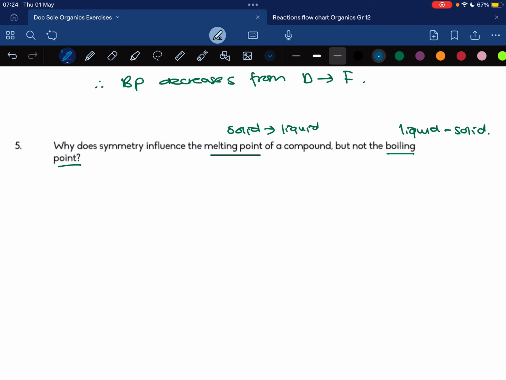So when we think about symmetry, we think about how closely packed the molecules are in the crystal lattice. Symmetrical molecules are packed closely in a crystal lattice.